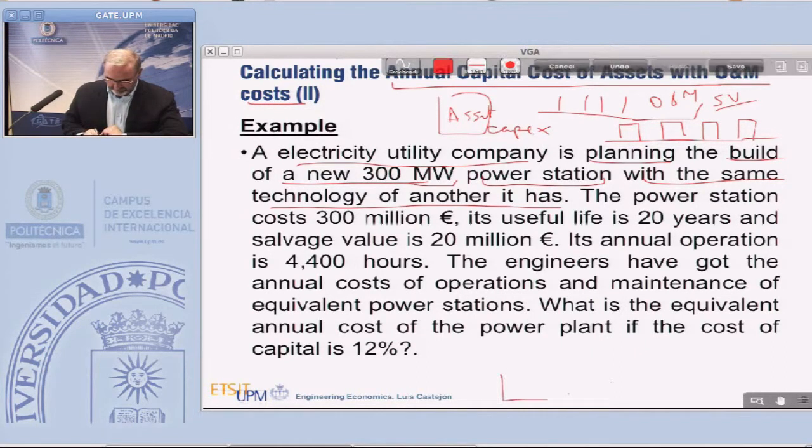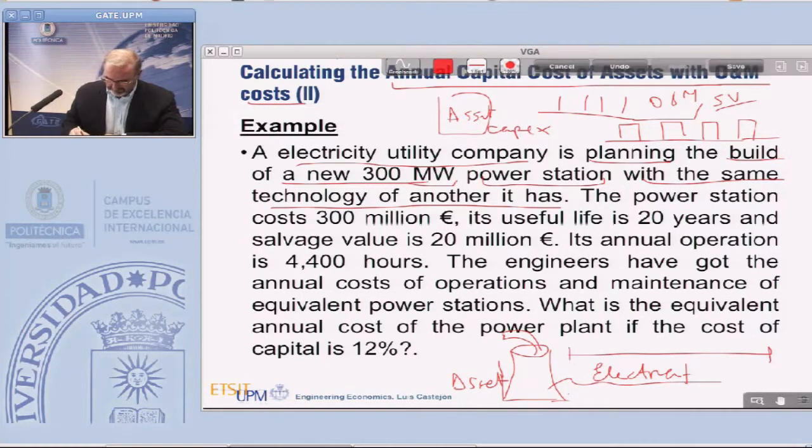So we are constructing a new, for example, thermal power station that will be generating electricity. We are going to invest a lot of money.